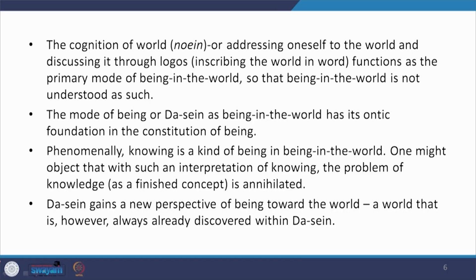So the Zen gains a new perspective of being toward the world, a world that, however, is always already discovered within the same. The same that is approaching the world, defining itself through the world, but which is already always there in the same.